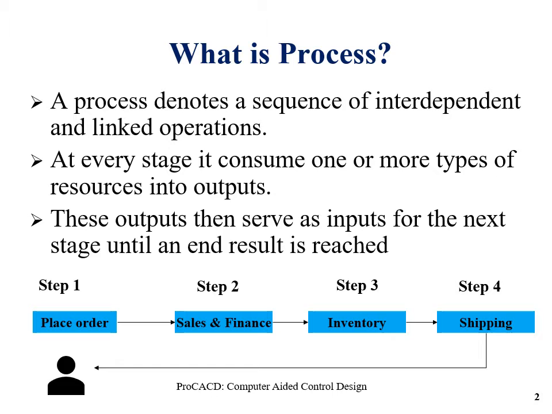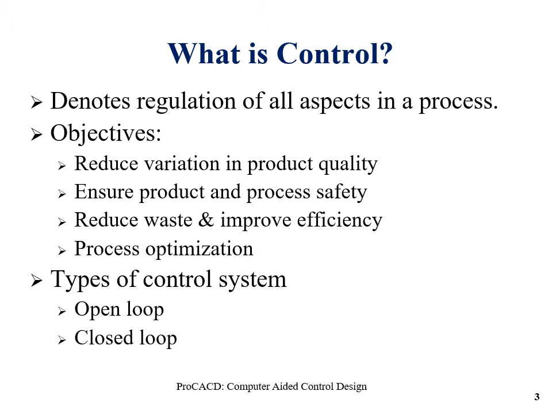Now that we have learned what a process is, let's see what process control is, why we need it, and what advantages it brings us. Process control is a very important aspect in any industry. In easy terms, process control tries to regulate all the aspects of the process, and this is very important when dealing with a process or product industry.